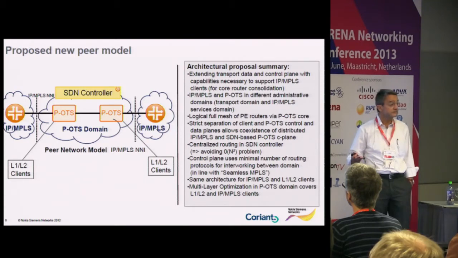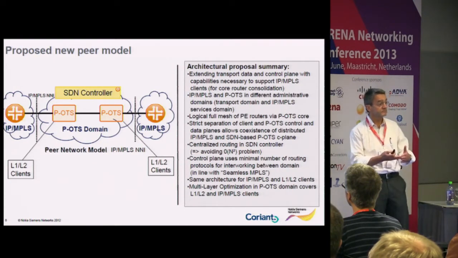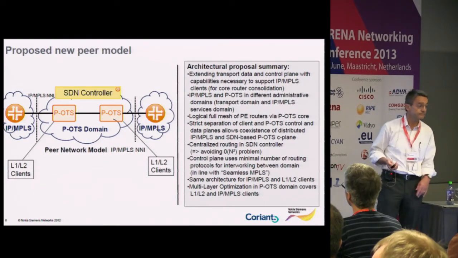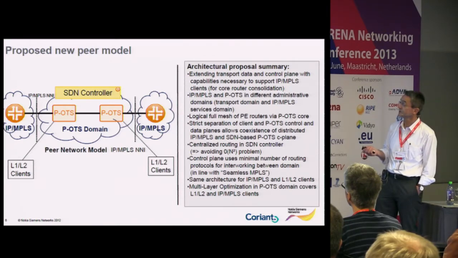That is one of the reasons why in IP the problems always start, because IP control and data plane are not fully separated, or not so separated from each other.